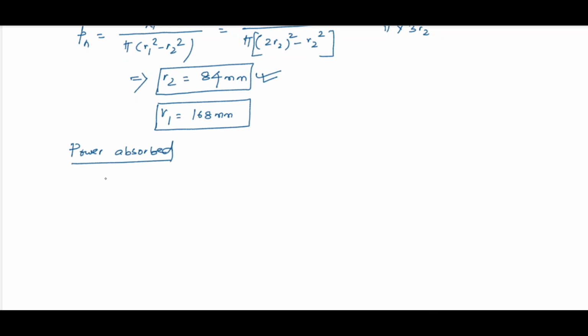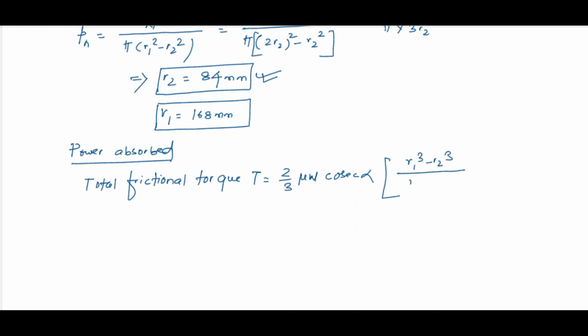So for this, first we have to find the total frictional torque T. According to uniform pressure theory, T is 2 by 3 mu W cosec alpha into R1 cube minus R2 cube divided by R1 square minus R2 square.